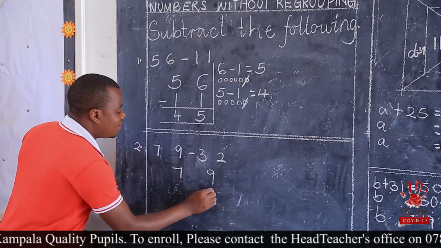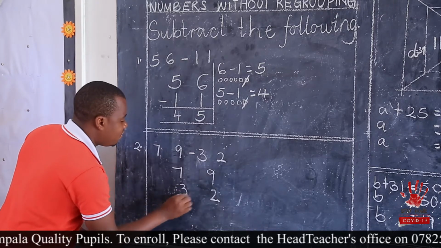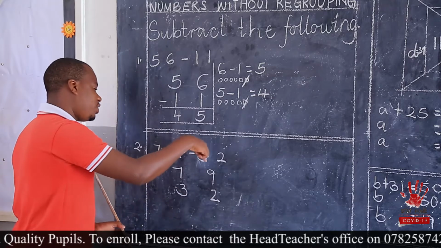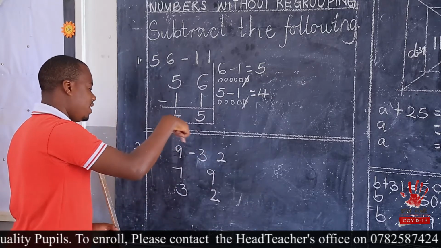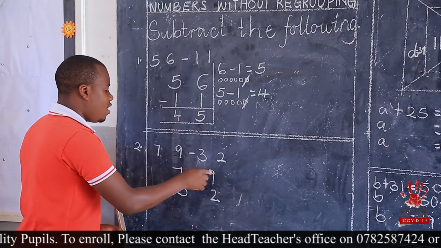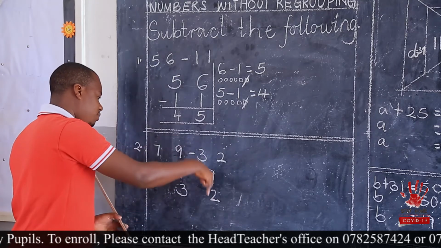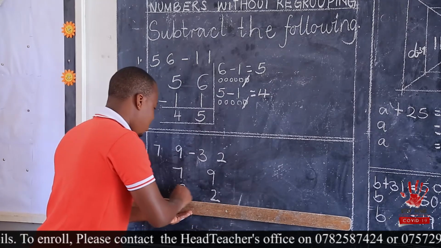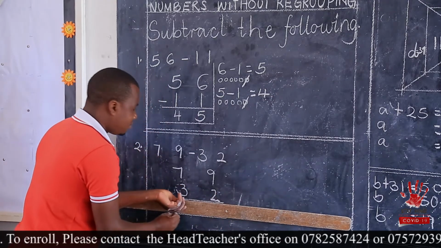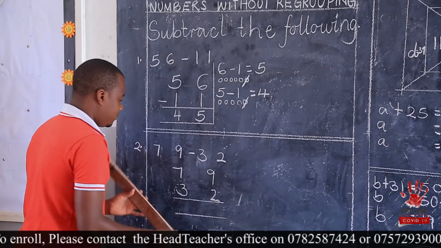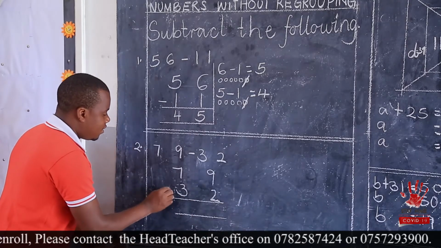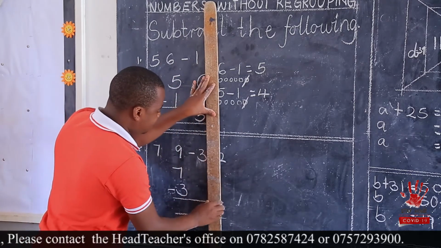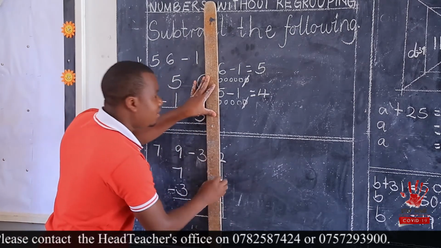Then I'm subtracting 32 from 79. So I write 32 and make sure you are following the place values. 9 under 1s and 2 also under 1s. They must be in a straight line, going vertically. So I'll have this, and then I have the operation sign there for subtraction.